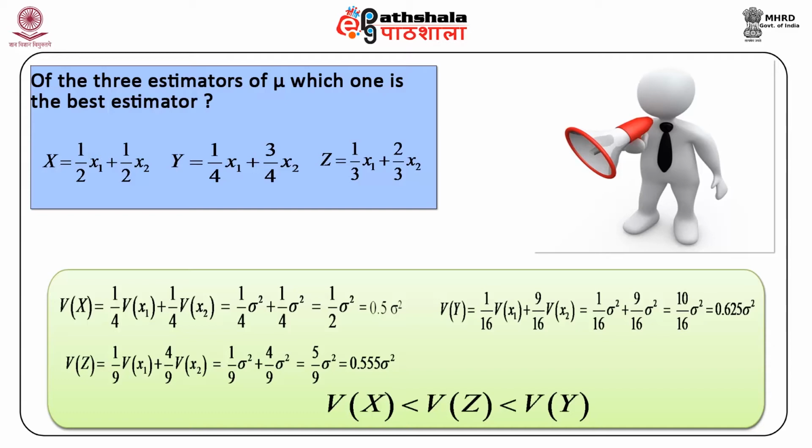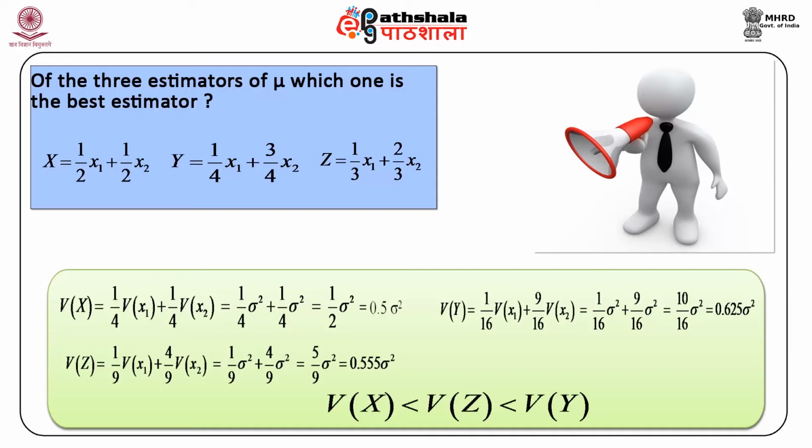On comparing the three, we find that since variance of X is less than variance of Z is less than variance of Y, X is the best estimator. It is the most efficient of the three estimators.